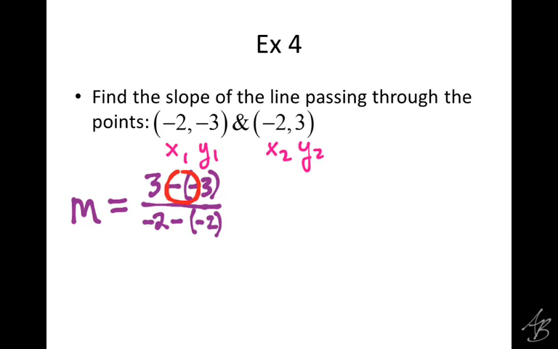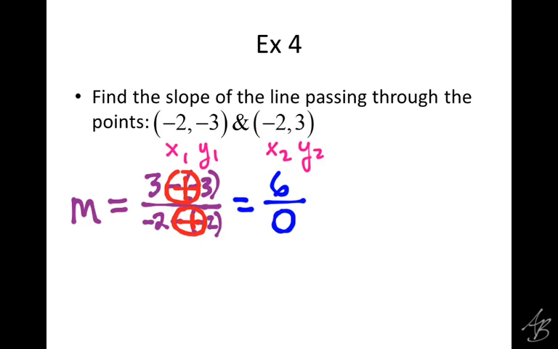Again, we have minus a negative here and minus a negative here, so those are both going to become pluses. On top we end up with 3 plus 3, which is 6. And on the bottom we have negative 2 plus 2. So we have 2 negatives and 2 positives. What's going to happen with those? They're going to make 0, right? They cancel each other out and we get 0.